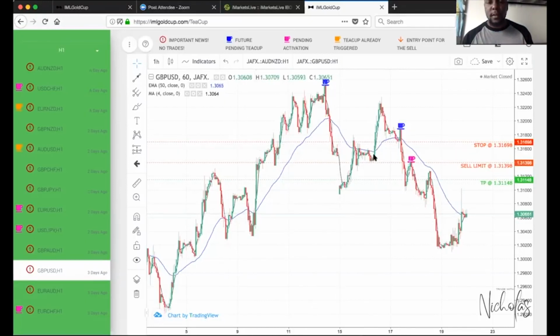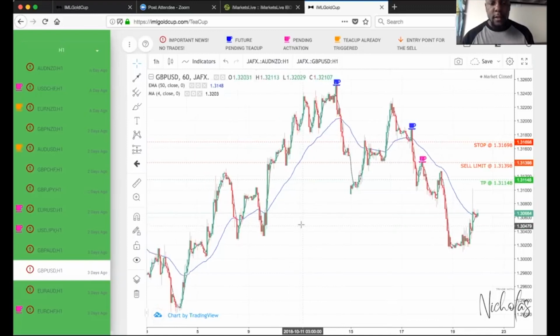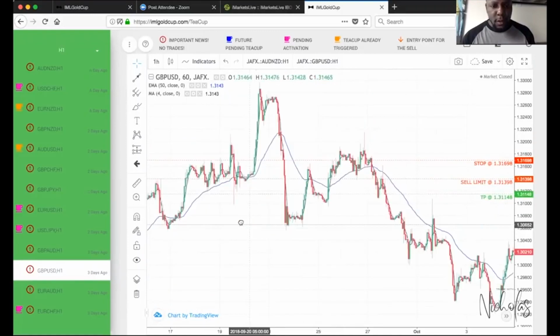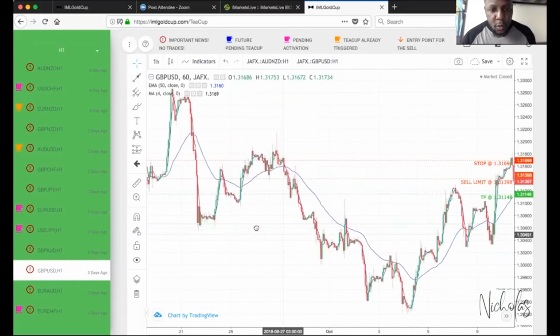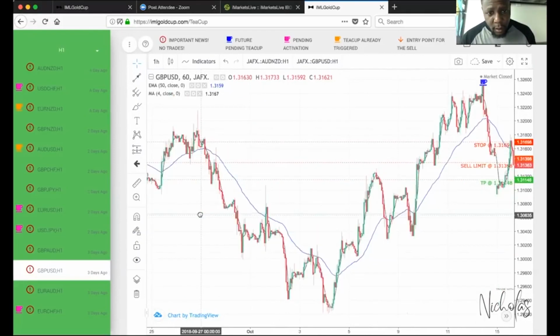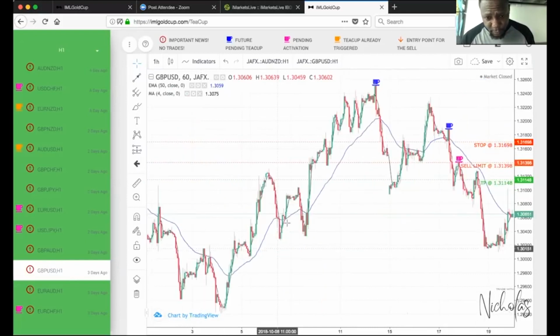Because as you can see, the 50 and the 4 moving average will cross, but sometimes you'll have some moments where it'll go down first. So let me see if I can find a very good example.